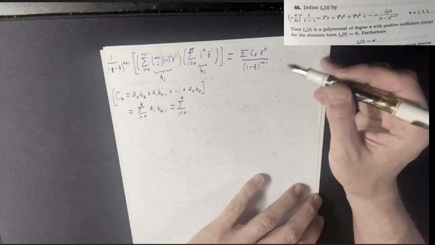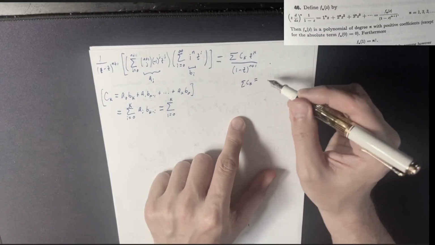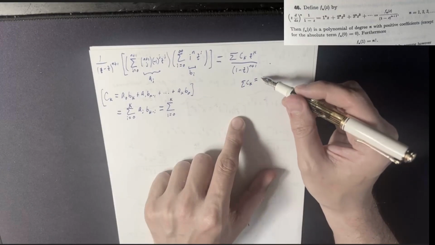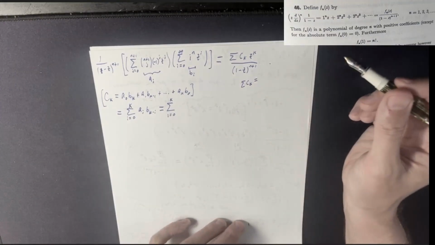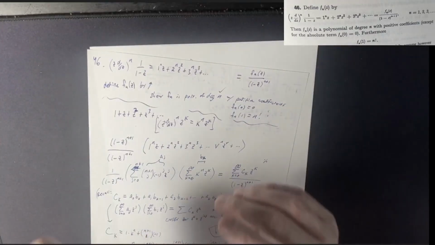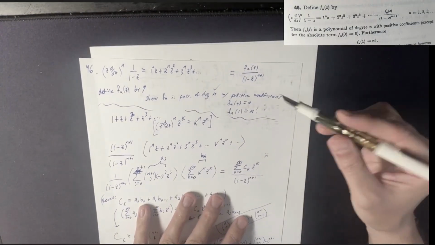But the things we want to show are that the sum of the CKs equals, was it 1? I think it's actually n factorial. You can see it better than I can. It's up here somewhere. f(1) equals n factorial, I think. Yeah.